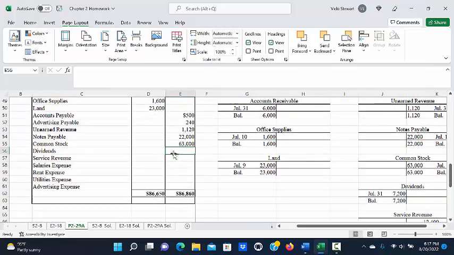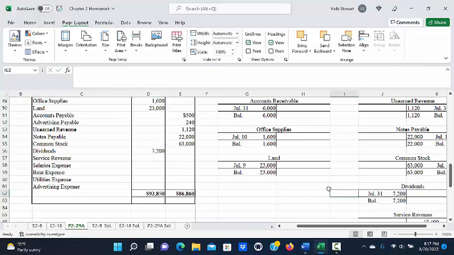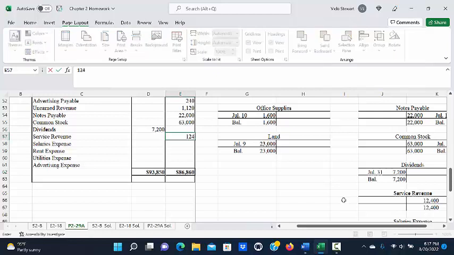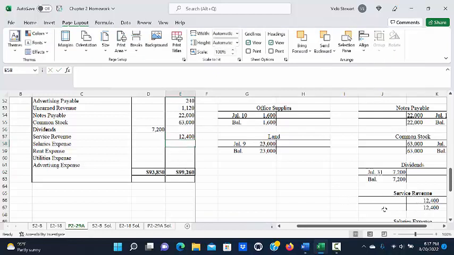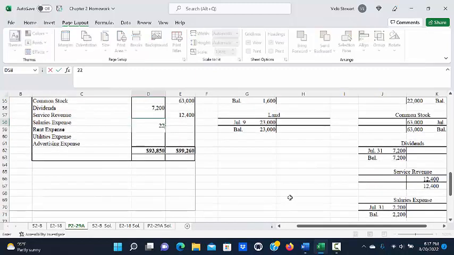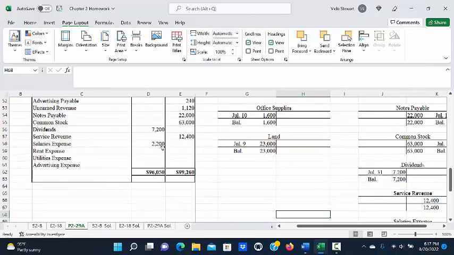And then remember, on the trial balance, we always start with dividends. And dividends has a debit balance. Remember, dividends is similar to an expense. And then we go over and we pick up service revenue, which has a credit balance. And then we're going to list all of our expenses in order. So salaries expense, $2,200. Rent expense is $2,410.